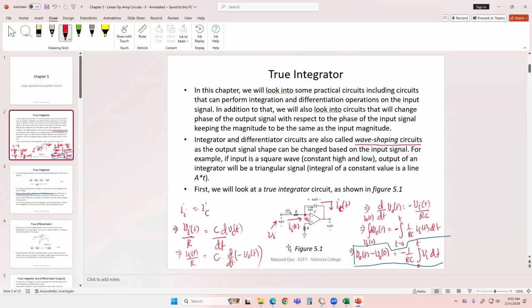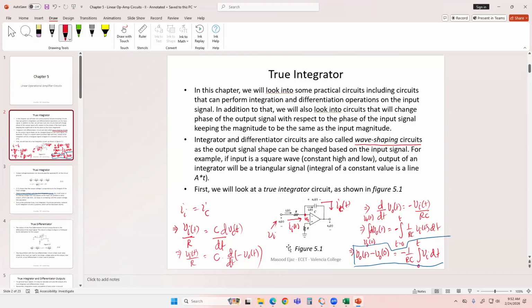And if it keeps on increasing without any input present at the input, then eventually it's going to hit the saturation voltage, 15 volt, negative 15, whatever, and then the output is going to saturate. So that is a potential problem that is possible. I'm not saying it will always happen, but it's possible.